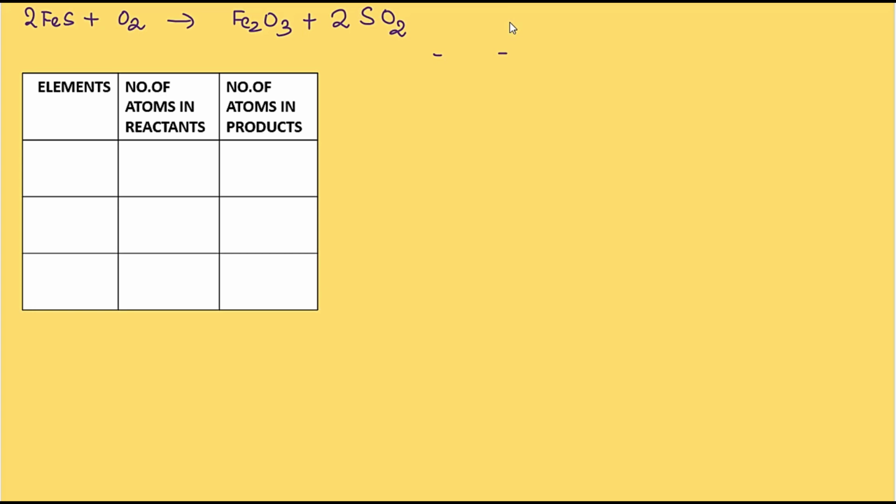So to make it 14, we will simply multiply the oxygen in the reactant side with 7. Now to make the oxygen atoms 14 in the product side, what will we do?